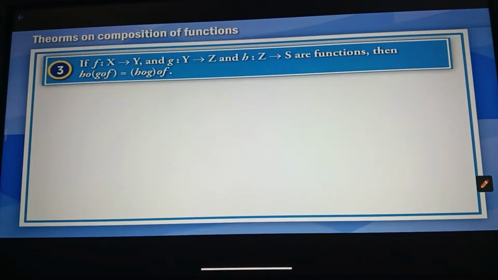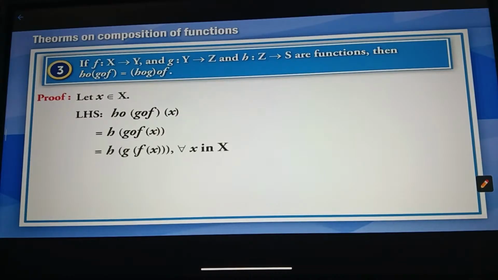Consider any arbitrary element x of X. Let's begin with the left-hand side, which is the composition of the function h circle g circle f at x. This is equal to h of g circle f of x. This is further equal to h of g of f of x.